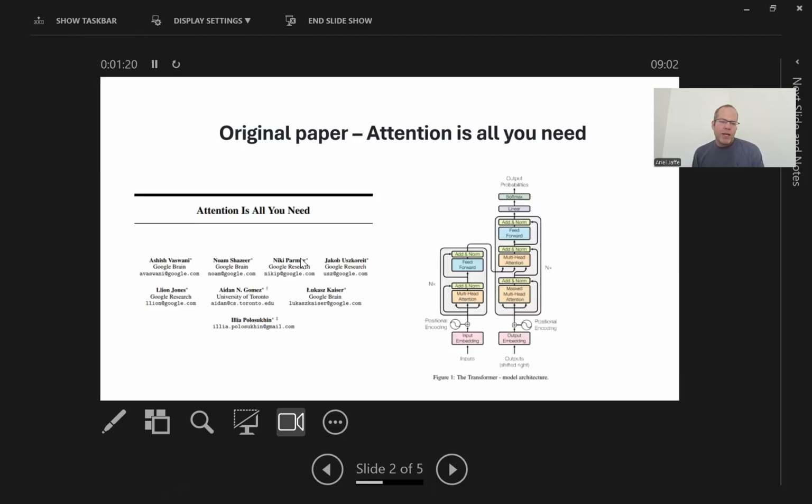Now, as you may know, the famous original paper is called Attention Is All You Need, from 2017. On the left, you can see the list of authors. And on the right, you can see the original architecture of the transformer used in that paper, and the application was translation.